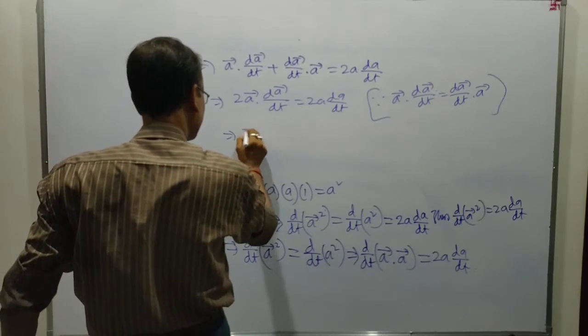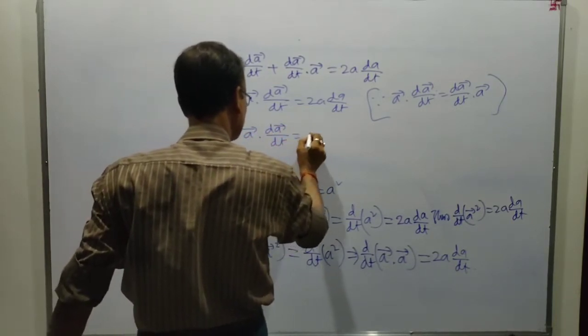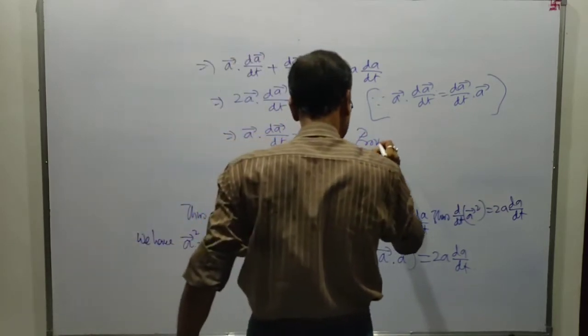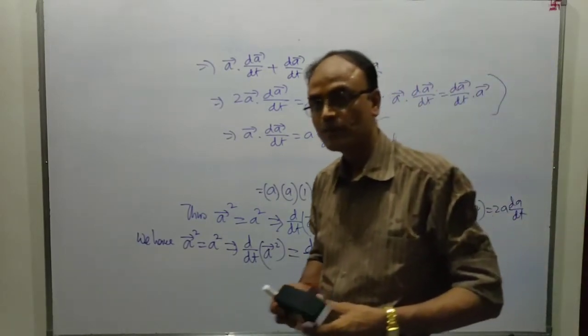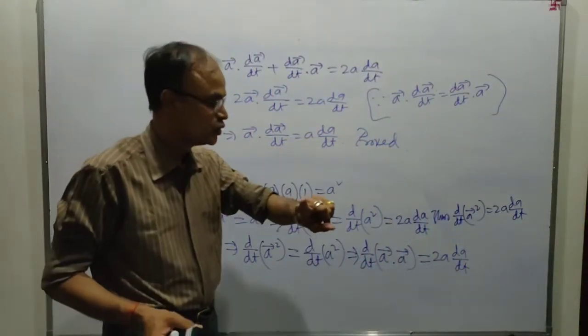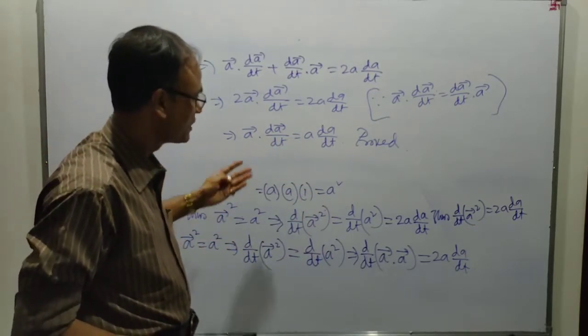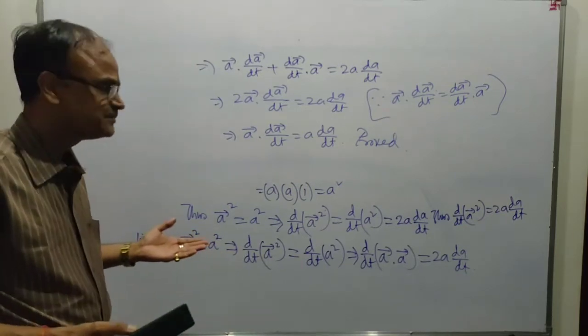This means A vector dot dA vector by dt equals a dA dt. Proved. We have proved number 2. We have proved 2 theorems on vector calculus today. It is very easy.